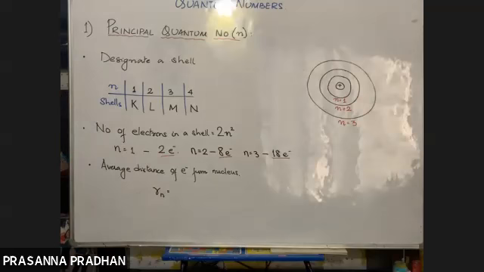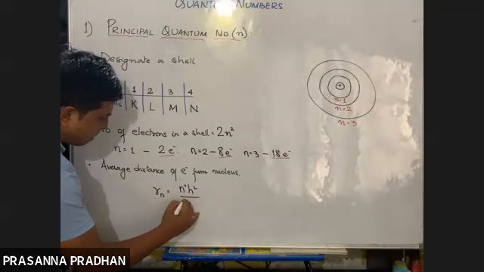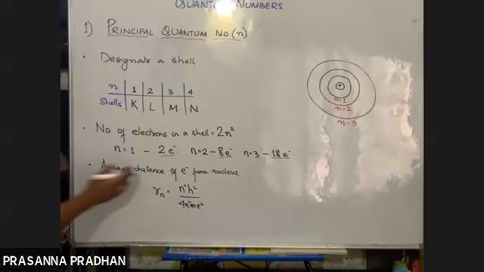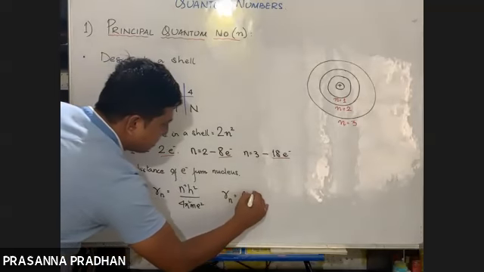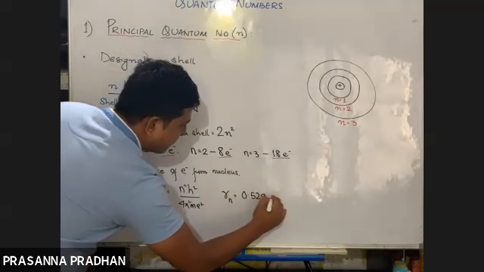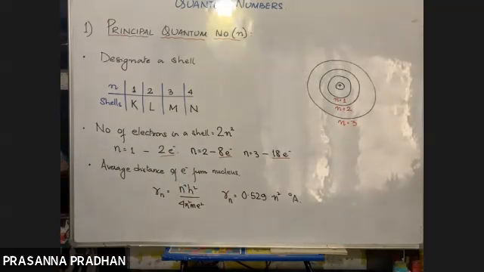Rn equals n square h square over 4 pi square m e square. I presented this in another way: Rn equals 0.529 n square angstrom. Remember, this was the formula I had given.